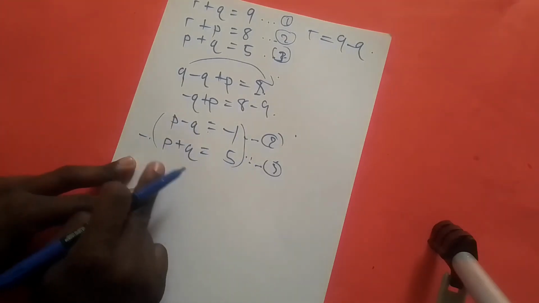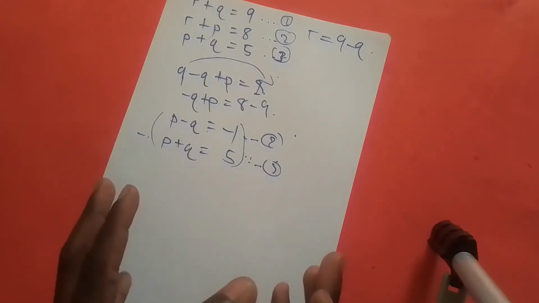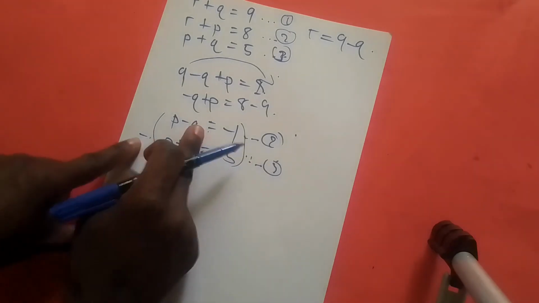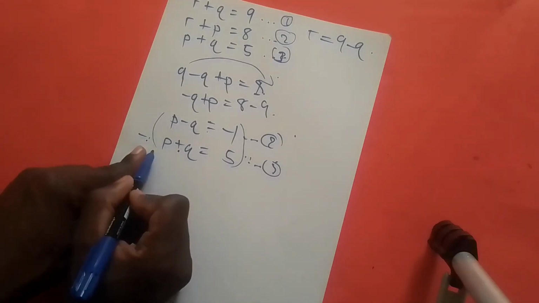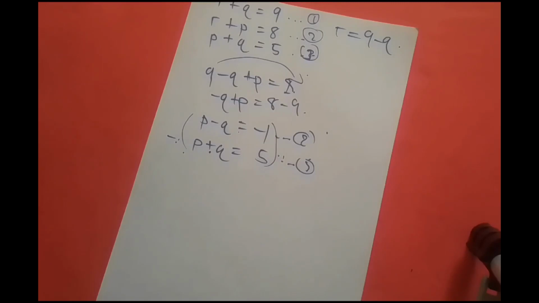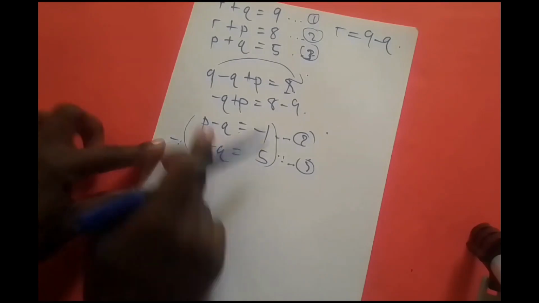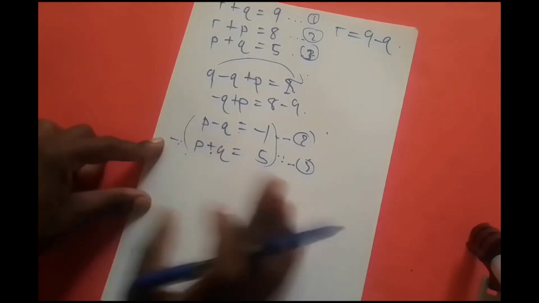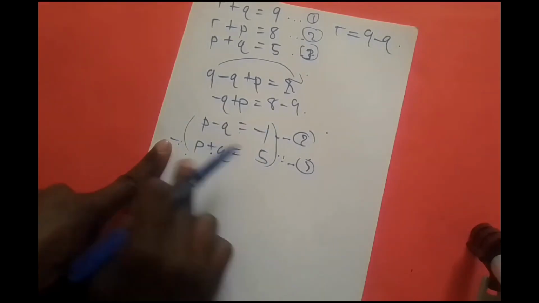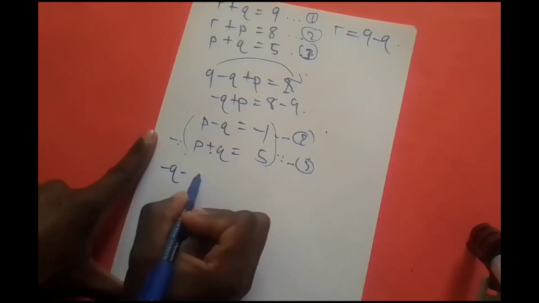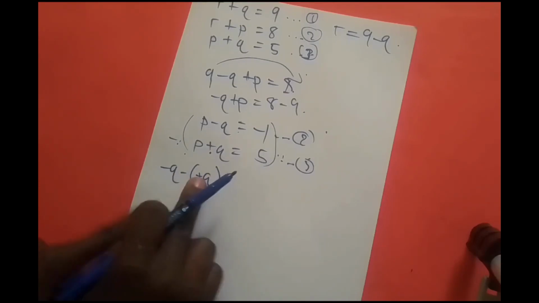If you use the elimination method to solve this simultaneous equation, you put a negative sign here. Therefore, p minus p is equal to 0. Then negative q minus positive q: we have negative q and positive q, and a negative times a positive leads to a negative.